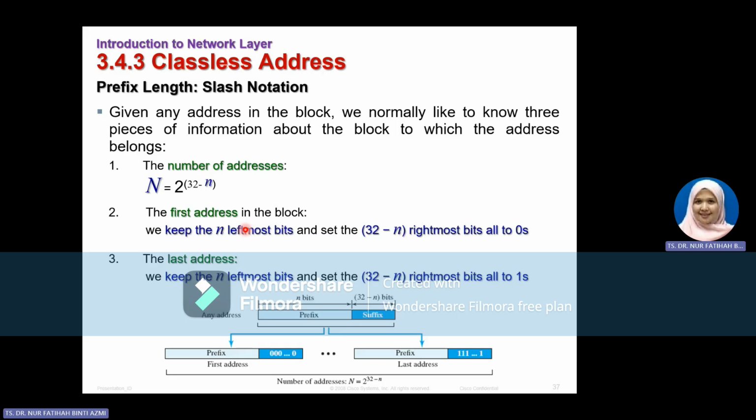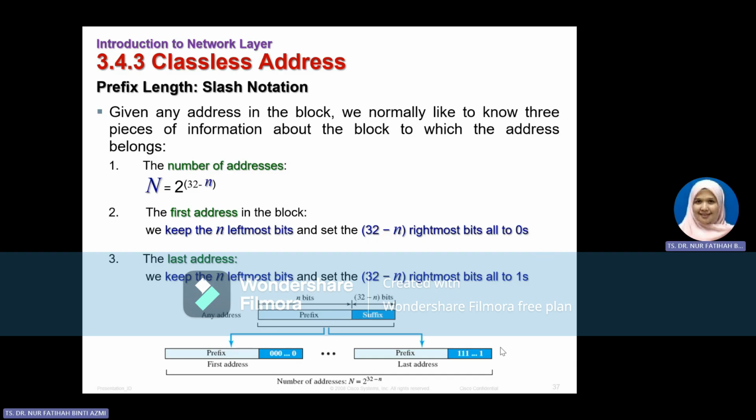Next, you need to know the first address in the block. To find this, we keep the first n bits, which is the prefix, and set the remaining 32 minus n bits to all zeros.